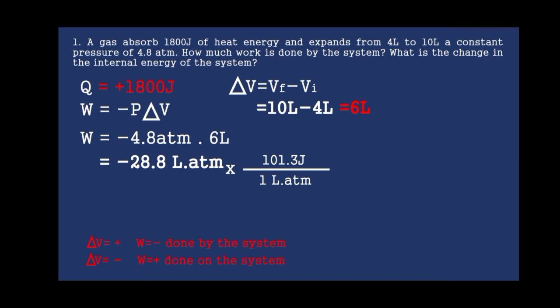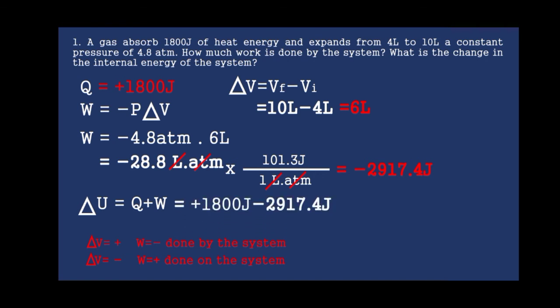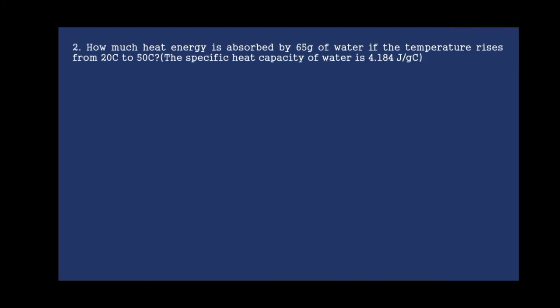We cross out the units, and it is equal to negative 2,917.4 joules. And now we find the internal energy of the system, where Q plus W is equal to 1,800 joules minus 2,917.4 joules, which is equal to negative 1,117.4 joules.